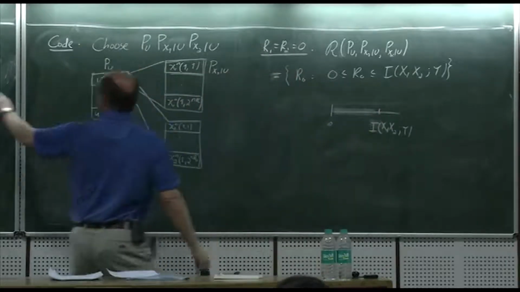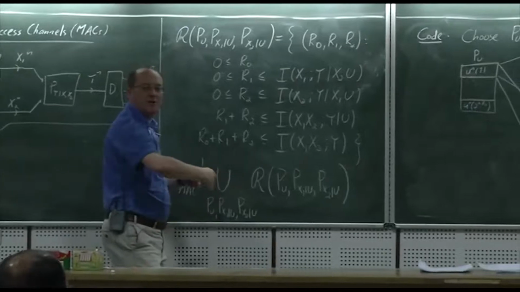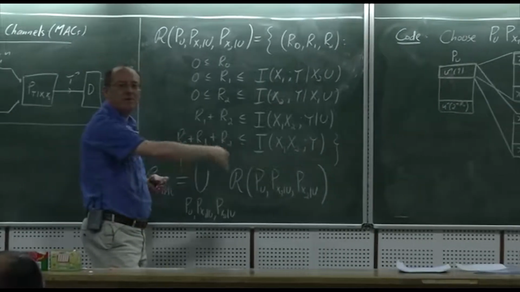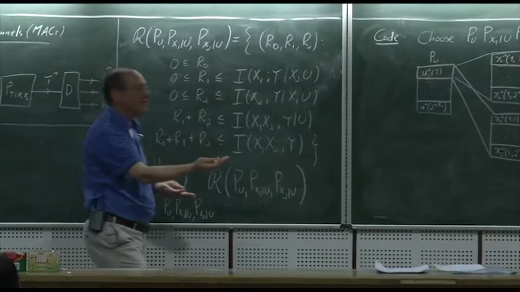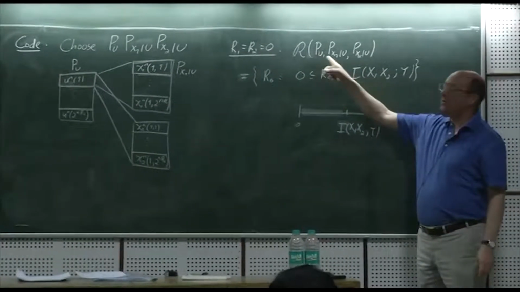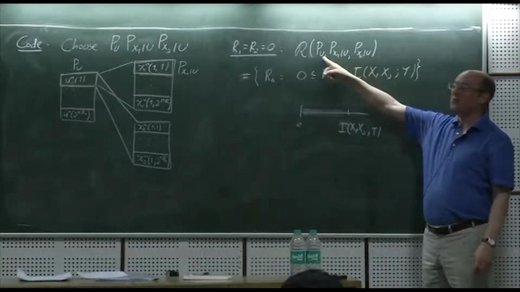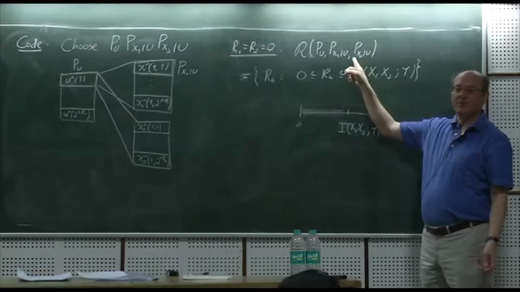And now when I take this union, I just make that set as big as possible, right? Which is the same thing as maximizing the mutual information. So I'm just looking for the maximum of this, but I'm only allowed to choose P(U), P(X1|U), P(X2|U). So which U would you choose to make them jointly typical in any way you want?